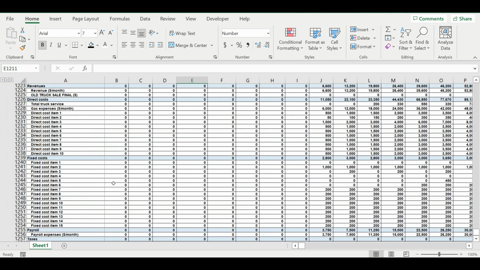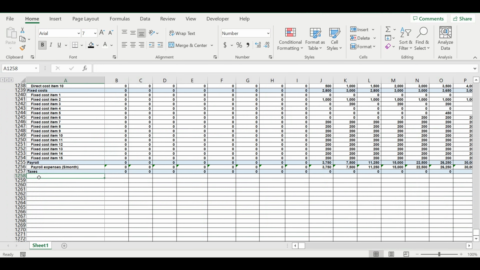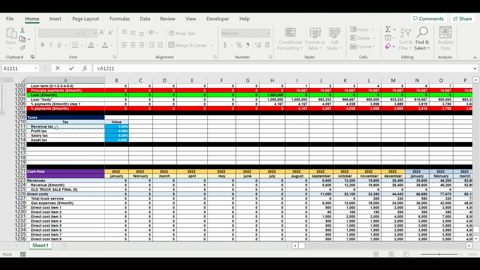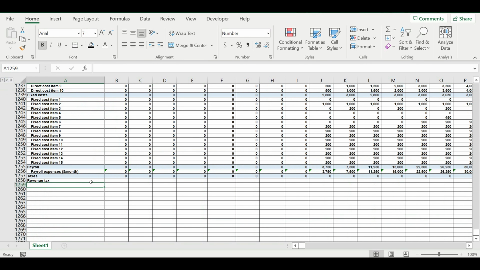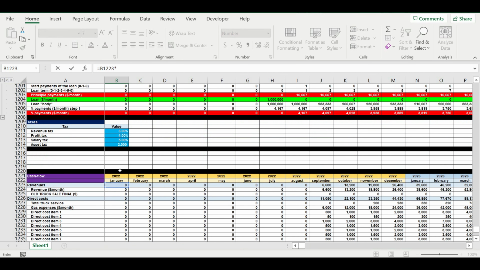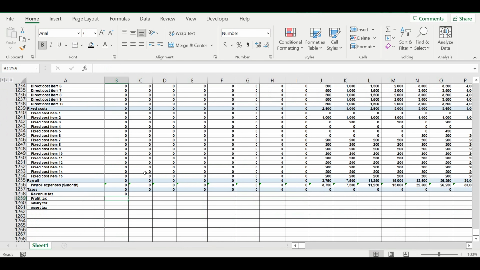And now we move back to taxes. So this will be the revenue tax. We will later get back to profit tax, then we move to salary tax.